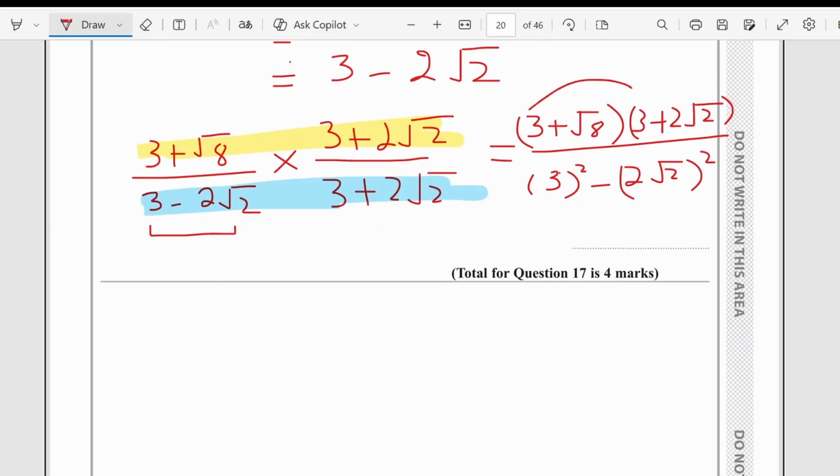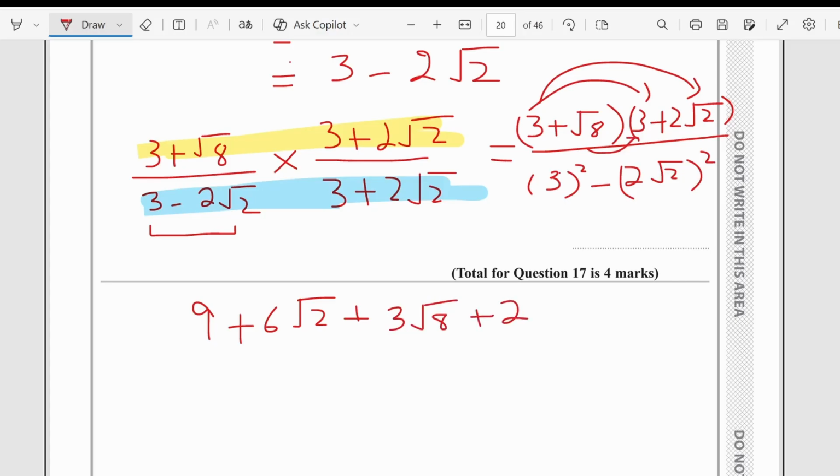In the numerator, 3 times 3 is 9 and 3 times 2 square root of 2 would be 3 times 2 is 6 times square root of 2, plus 3 times square root of 8, and then plus 2 times square root of 8 times square root of 2. When we have two square roots multiplying, we can multiply in one square root. So 8 times 2, both values in square root, would be 16.